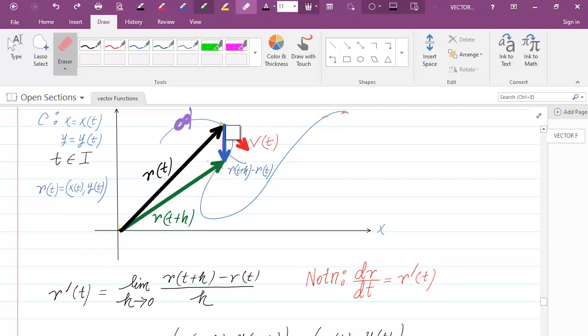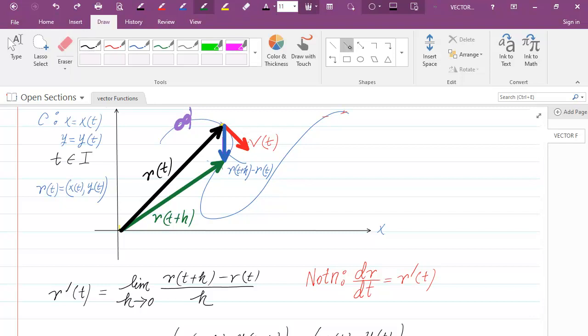So this difference is the vector from the tip of r of t to the tip of r of t plus h, right? And if I divide that by h, since h is a scalar, I still get a vector that's parallel to the blue vector.